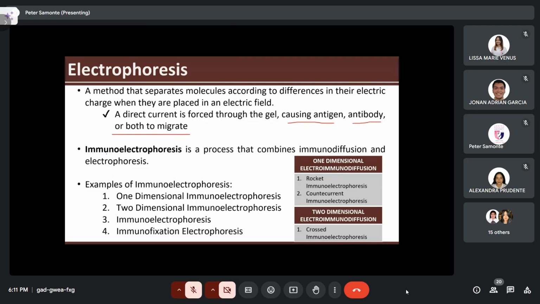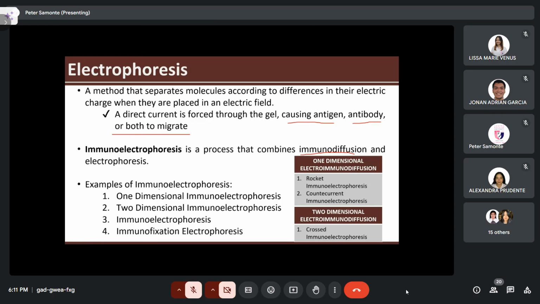Now here, class, you would be using immunoelectrophoresis, which is a process that would combine immunodiffusion and electrophoresis.